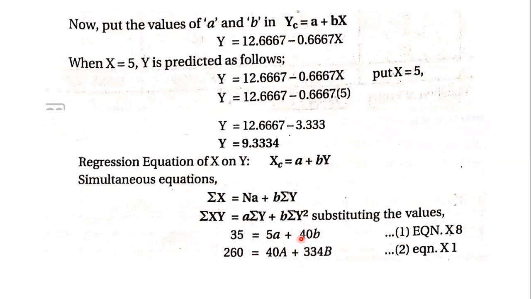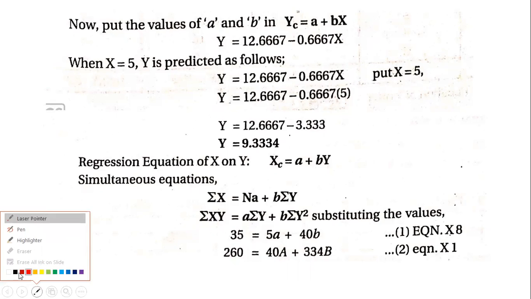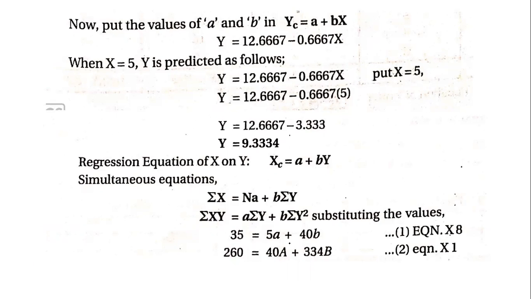Sorry, sigma y is 40 and b is the unknown variable which we'll have to find. Then sigma xy is 260 and 40a plus 334b. These are small a and small b, not capital A and capital B. You cannot use capital A and capital B. That must be some printing mistake.